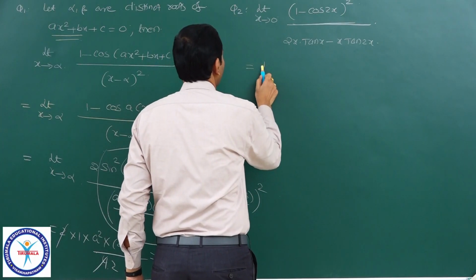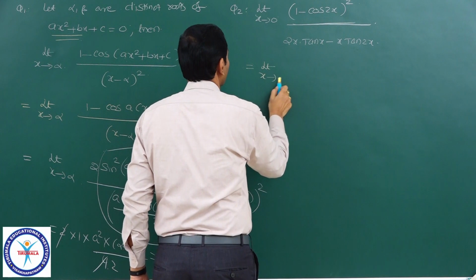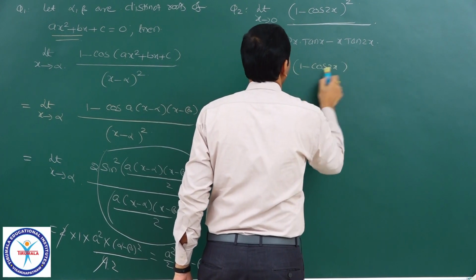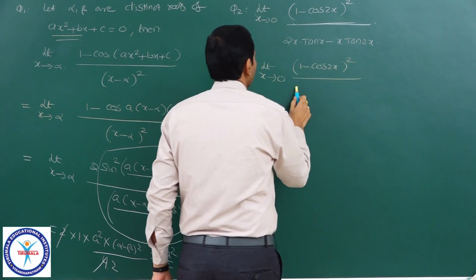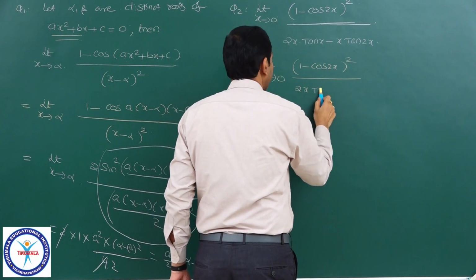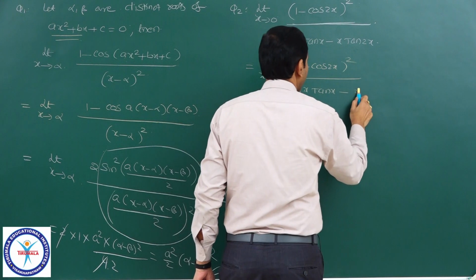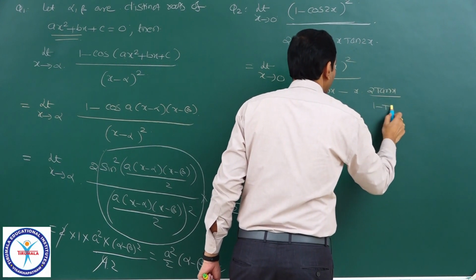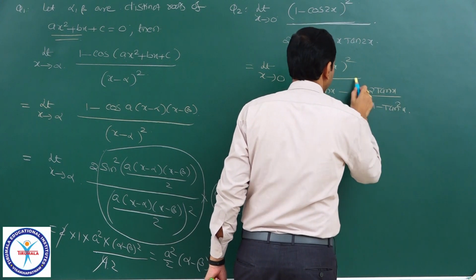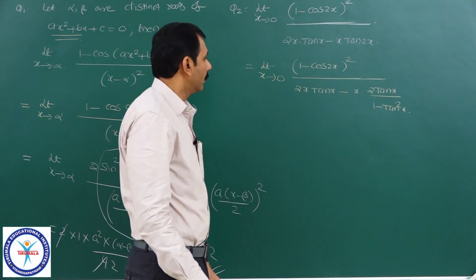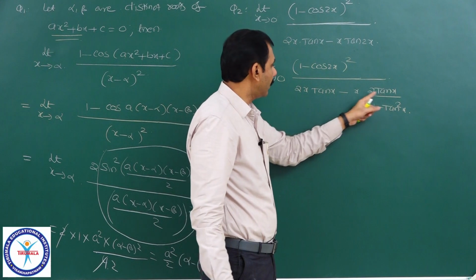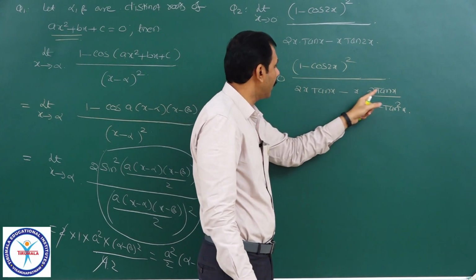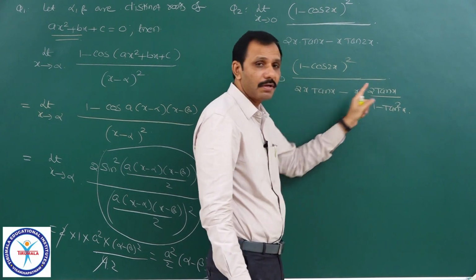It is equal to limit x tends to 0 of 1 minus cos 2x whole square by 2x tan x minus x into 2 tan x by 1 minus tan square x. Now, in the denominator I can take 2x tan x common from these two terms.